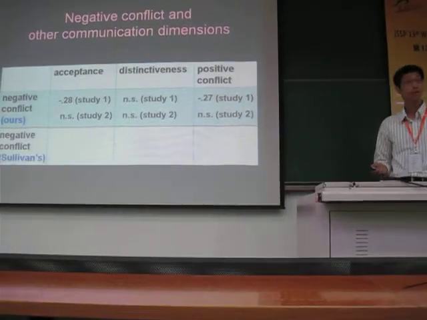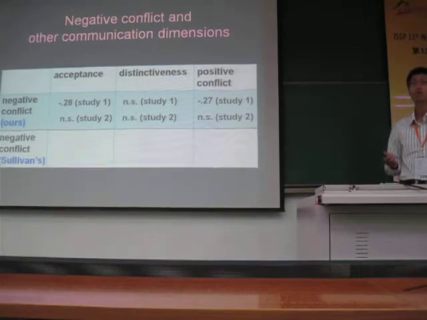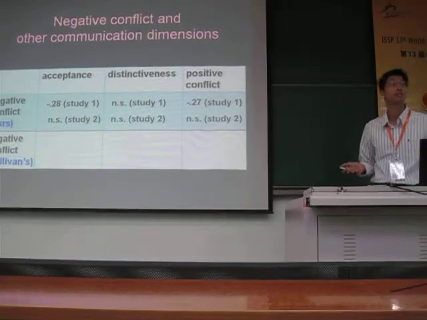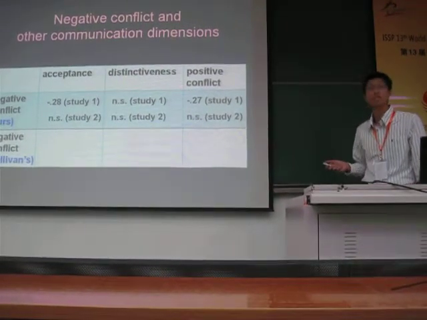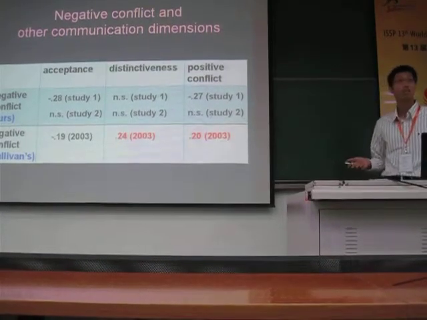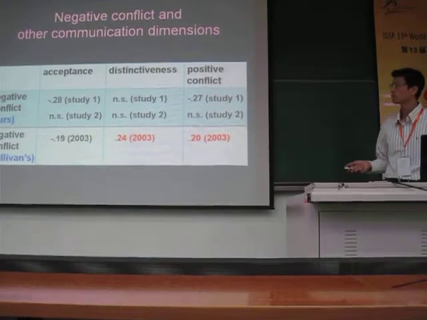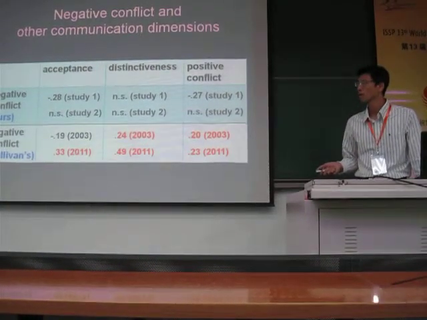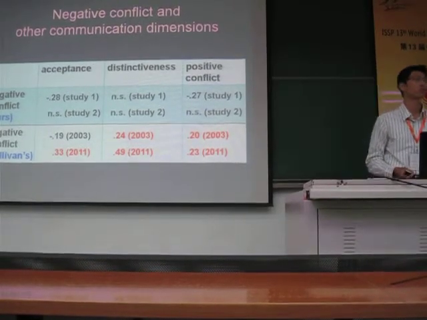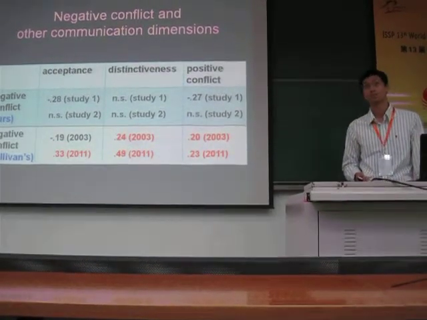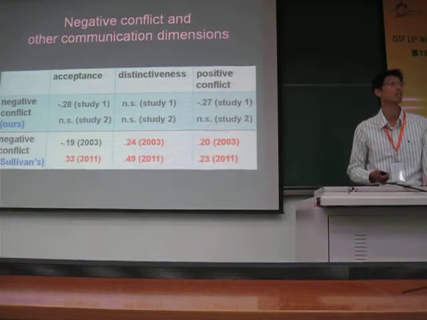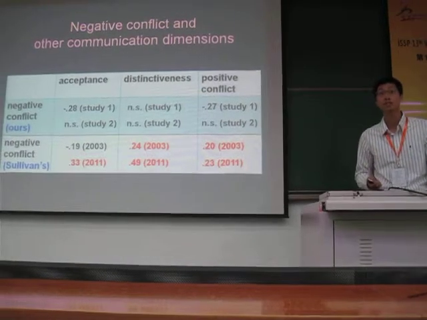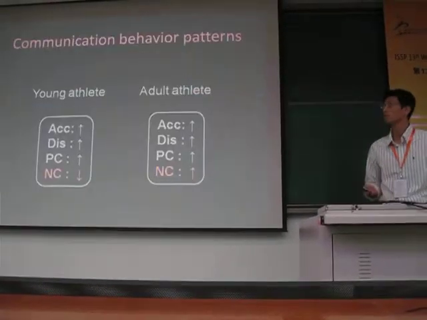But in Sullivan and his colleagues' findings, they generally found that negative conflict behaviors has positive correlation with the other three dimensions. This is their result in 2003, and this is their result in 2011. At first glance, our results would be more reasonable, but according to Sullivan and his colleagues' conceptualization, effective team communication is the frequency of resources exchanged within teams.